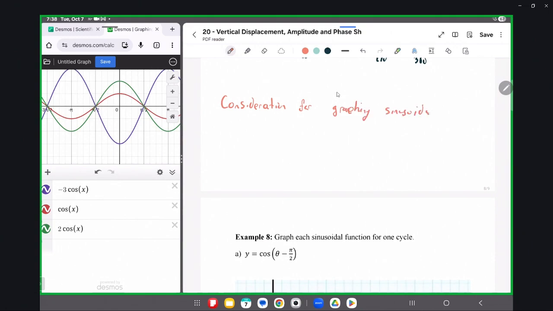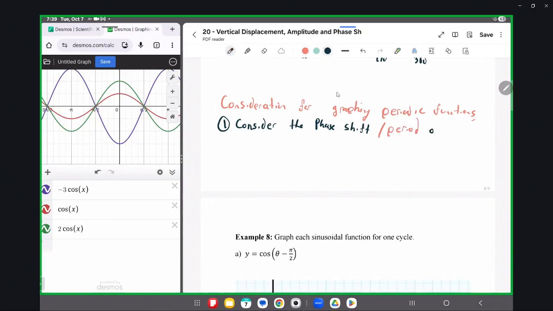sinusoidal, or I should say graphing periodic functions. We haven't used the word sinusoidal, but it just refers to sine or cosine. So as a consideration for graphing periodic functions, number 1, consider the phase shift. This will come tomorrow, but also the period.